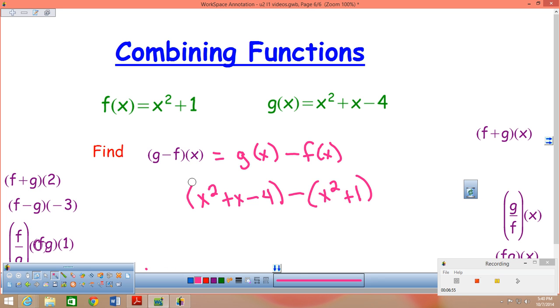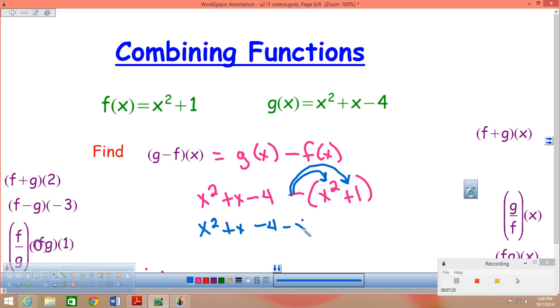I don't really need these, so I'm going to take them off. I'm going to distribute this subtraction to everything that's inside the parentheses. So this becomes x squared plus x minus 4 minus x squared and then minus 1.